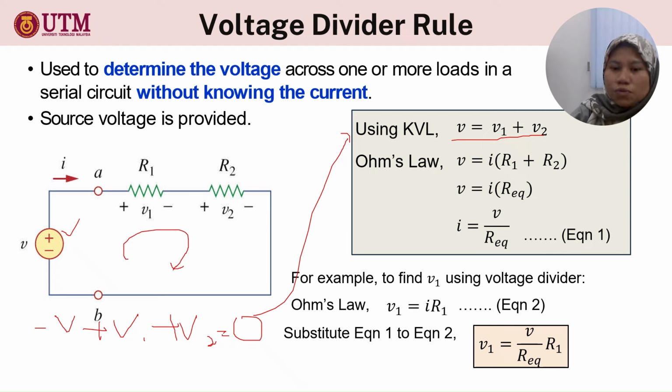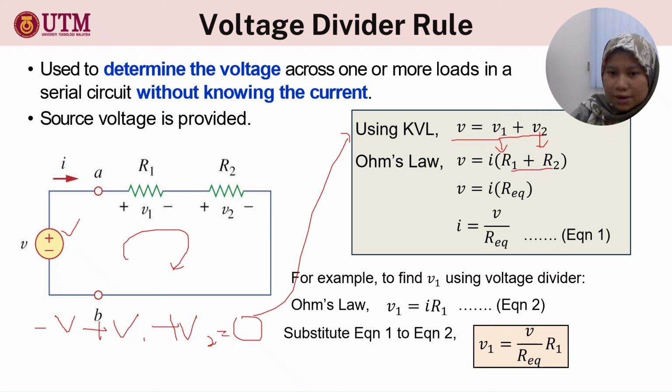And by using Ohm's law, we know that V equal to IR, so we change V1 and V2 into I multiply with R1, and V2 is I multiply with R2.